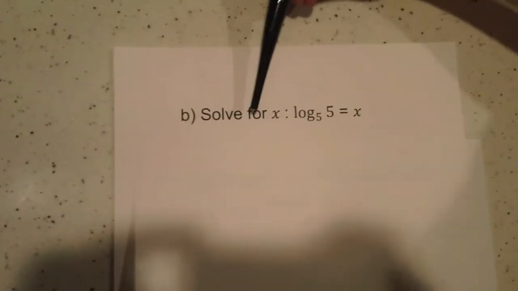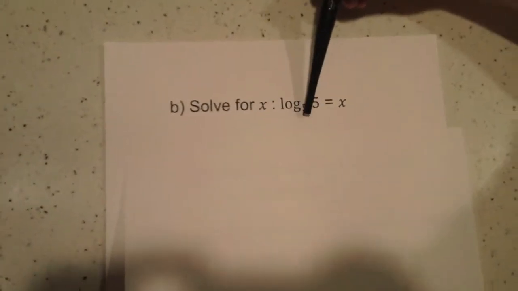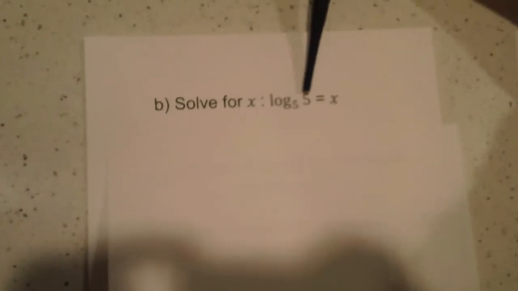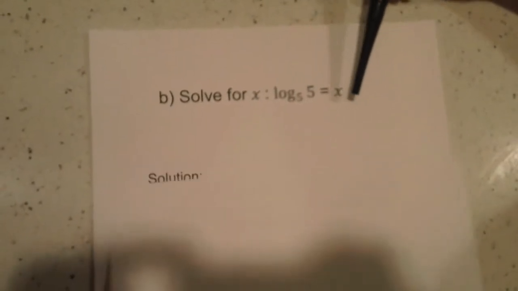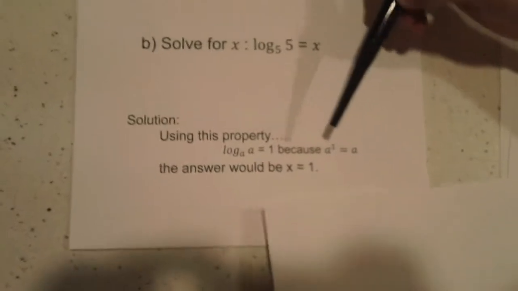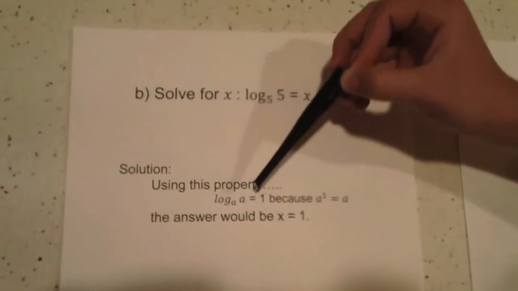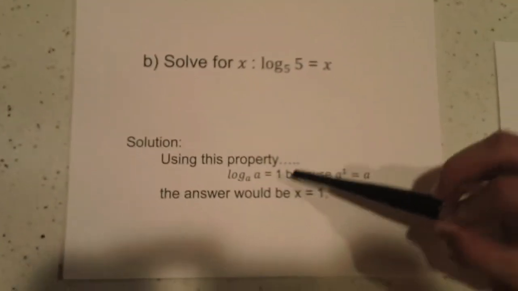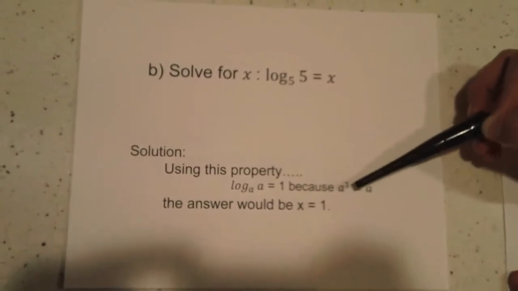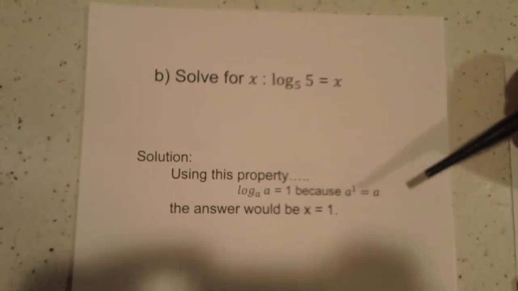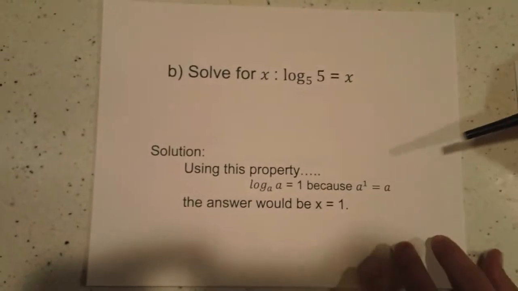B. Solve for x: log_5(5) = x. Solution: using the property log_a(a) = 1 because a^1 = a, the answer would be x = 1.